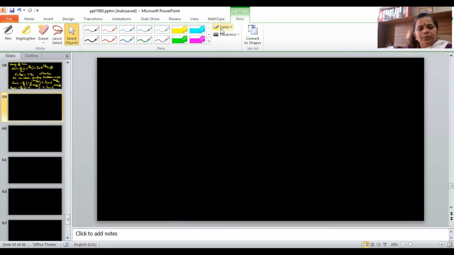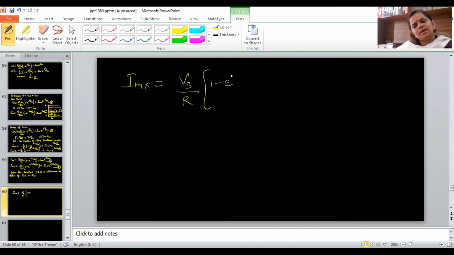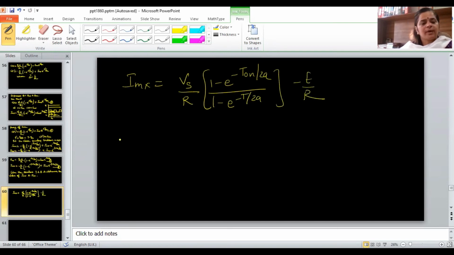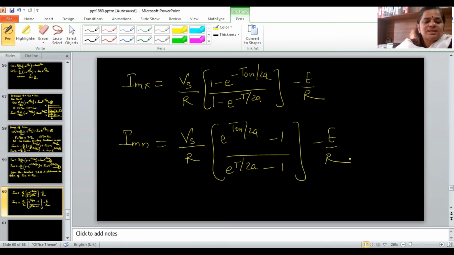Now I already told you that we got the two equations. If you solve them, you are going to get I max equal to Vs by R, (1 minus e to the power minus TON by TOA) divided by (1 minus e to the power minus T by TOA), minus E by R. And the value of I minimum, I am going to get Vs by R, (e to the power TON by TOA minus 1) upon (e to the power T by TOA minus 1), minus E by R. So this is how we are going to calculate the value of I max and I minimum.